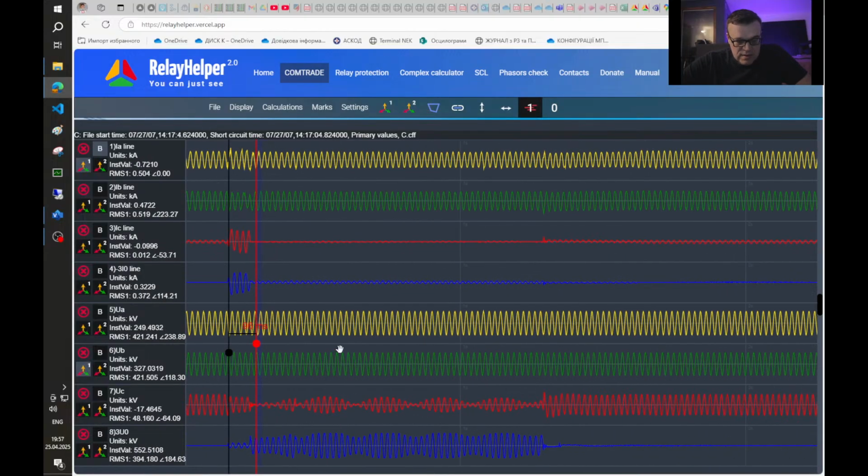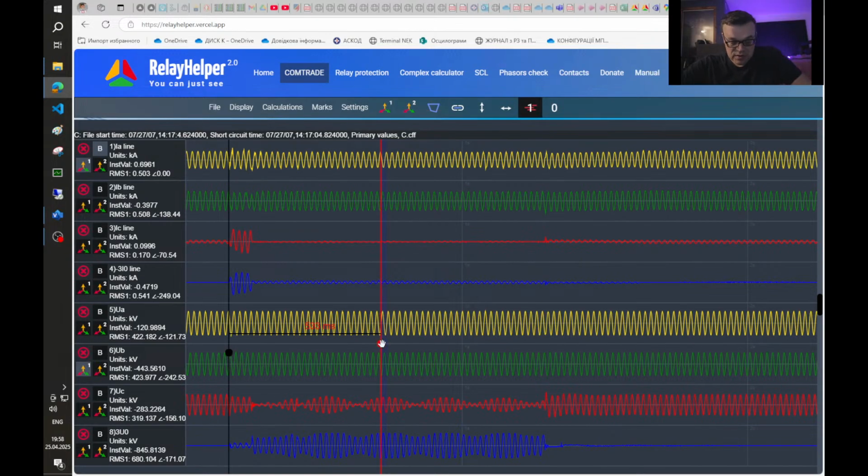This is the case of the short circuit on phase C of the 750 kilovolt line, and when we can see such oscillations, it is a good sign that the phase is healthy, because at the highest amount it's almost like nominal voltage, like 330 kilovolt.